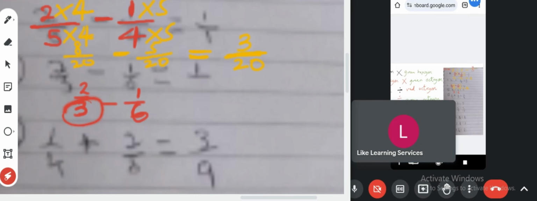So I should multiply 3 with what, and then multiply 6 with what, so that both of them will give me the same answer?